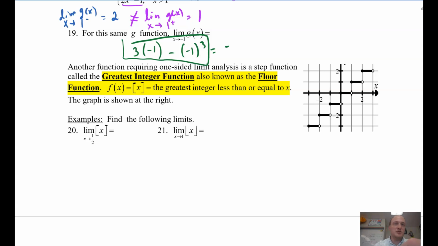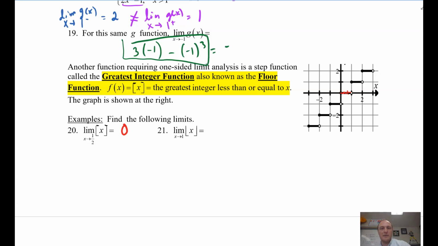So visually, and you can see this here, 1/2 is probably about here. From the left and the right, I do have a value, and that value is 0. Now, what the greatest integer function does is it takes the value less than or equal to x.